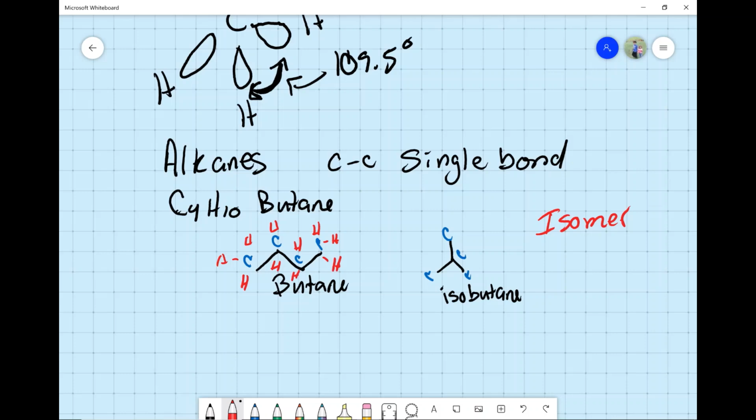Probably 3, 3, 3, and 1 here. All right, so 2 flavors of C4H10. Single bond carbon still, so this is still an alkane. It's a butane.